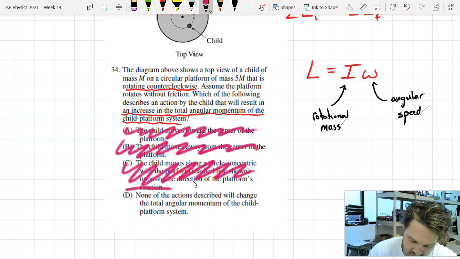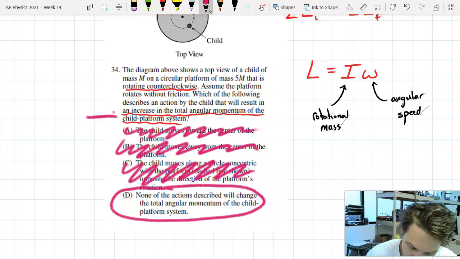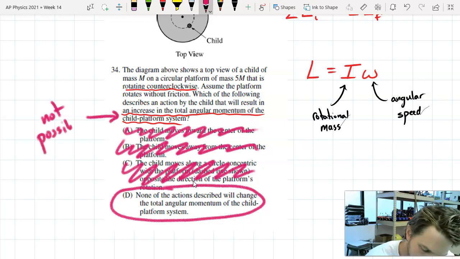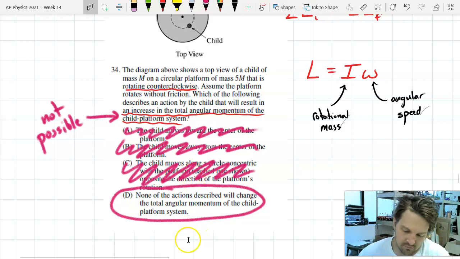Okay, so the answer is D. I just walked through all those with you, but you would just know, hey, I can't do that. So you would immediately search out the answer that says you can't.